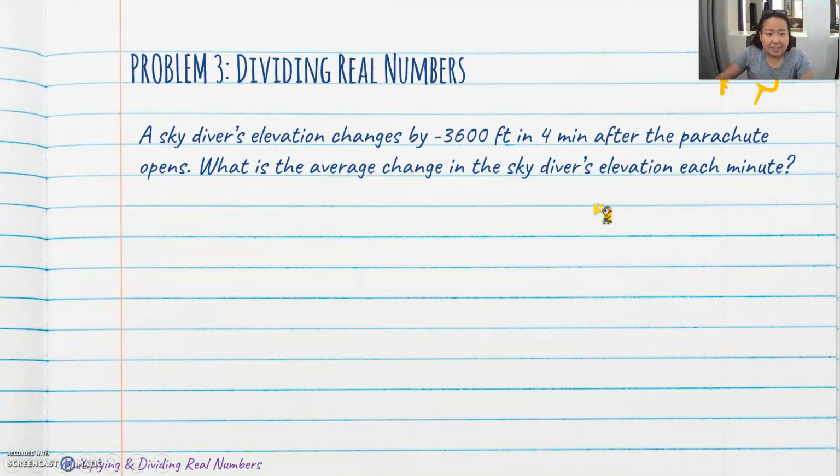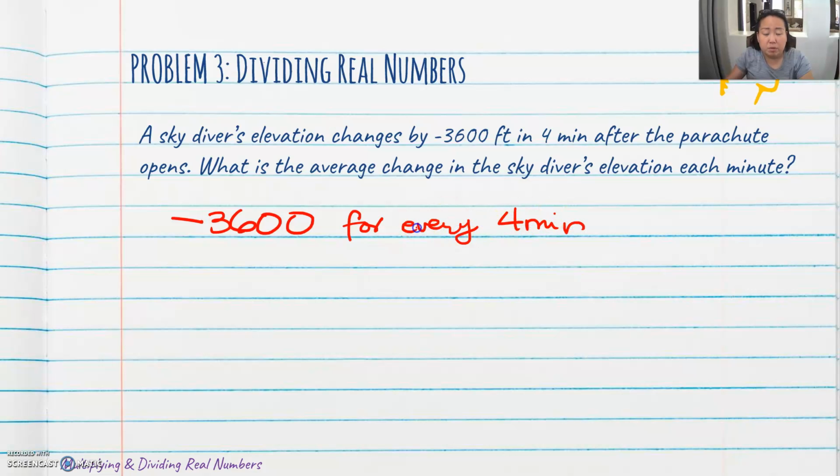So let's have an example for dividing real numbers. A skydiver's elevation changes by negative 3,600 feet in 4 minutes after the parachute opens. What is the average change in the skydiver's elevation each minute?